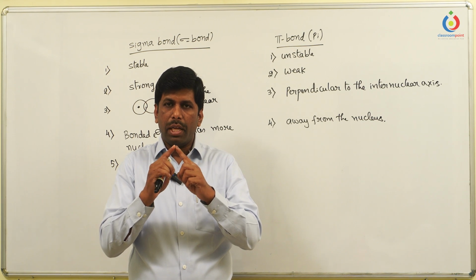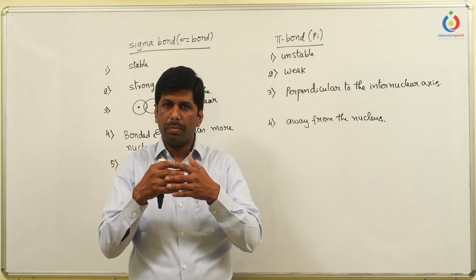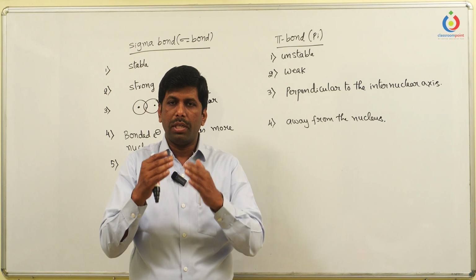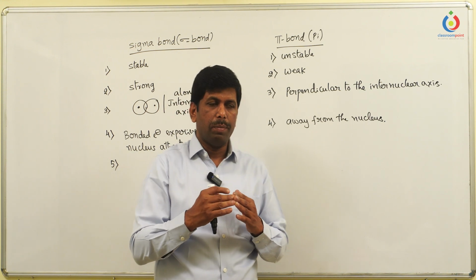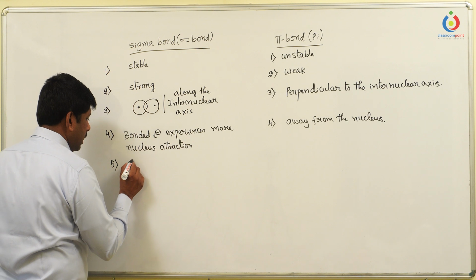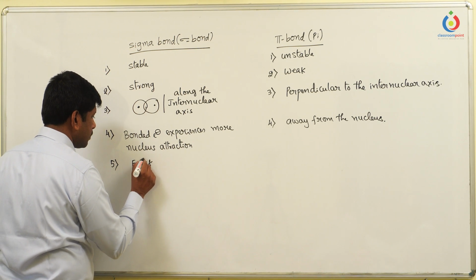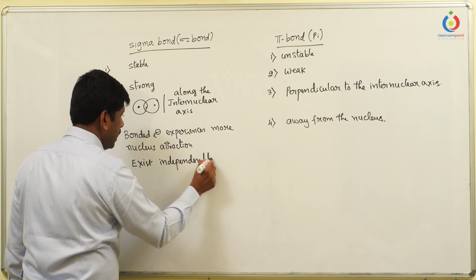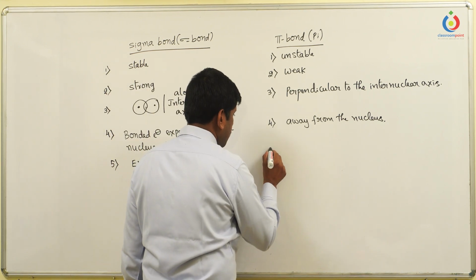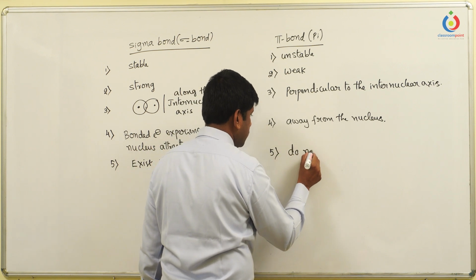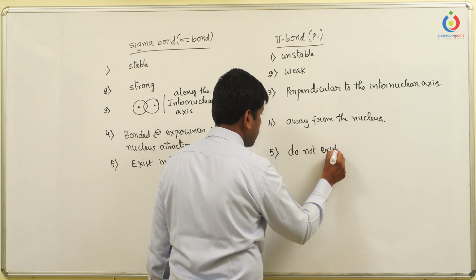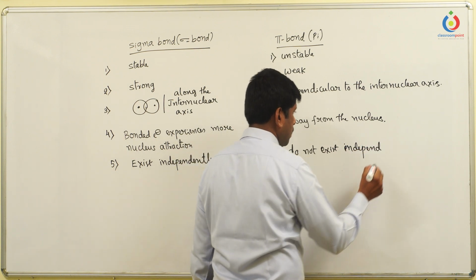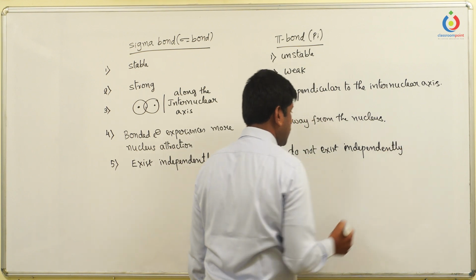That means pi bond exists only after the formation of the sigma bond. But sigma bond can exist independently, pi bond cannot exist independently. Pi bond formation takes place only after the formation of the sigma bond. So we can write down that this one exists independently, and this one does not exist independently.